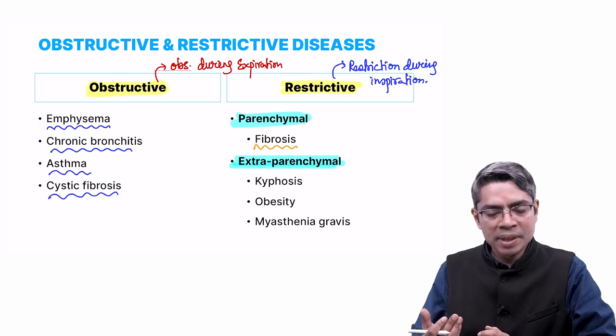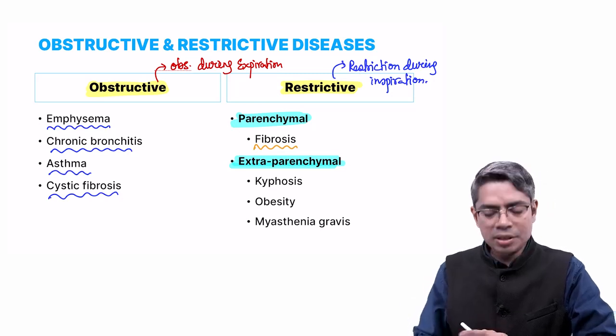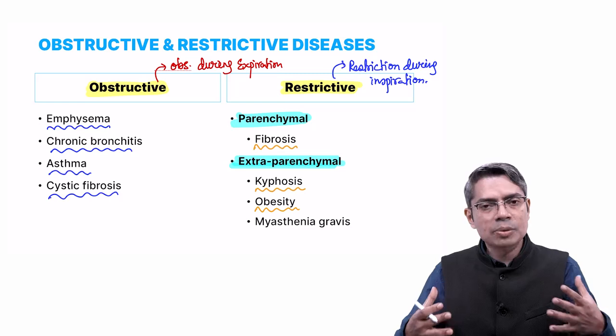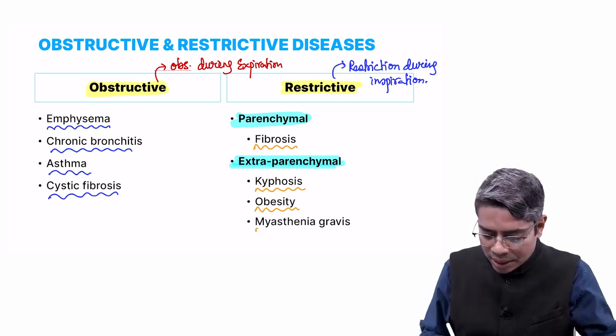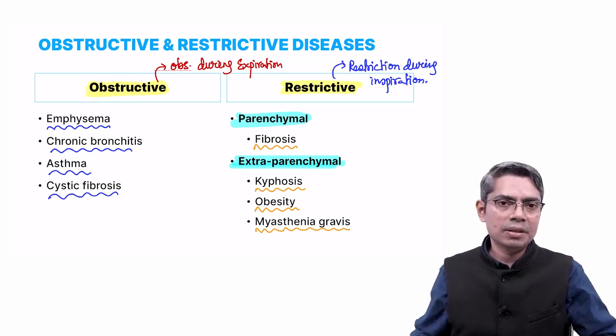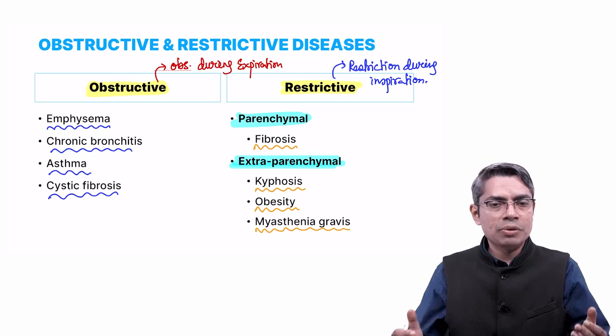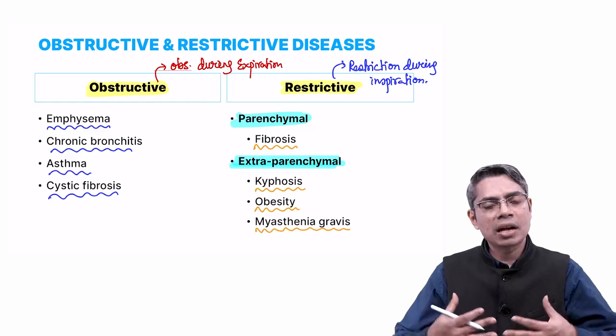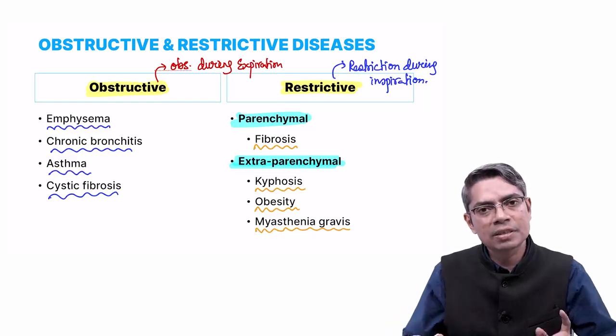Extra-parenchymal restriction can appear due to a problem in the bone or in the muscle. So, obesity, that is deposition of fat, or paralysis of the muscle, like for example myasthenia gravis. Also kyphosis, scoliosis, bony problems, ankylosing spondylitis. These are the conditions where the lung will not be able to expand fully during inspiration.